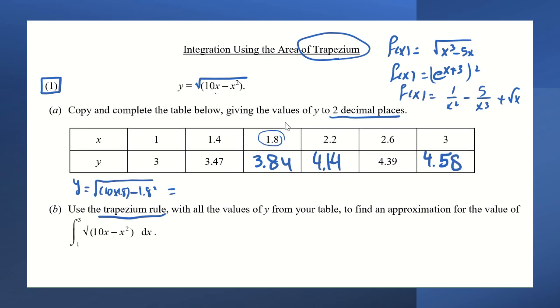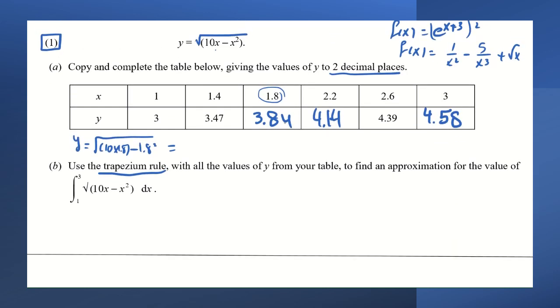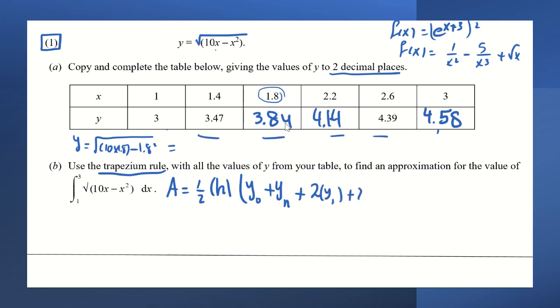After I figure out the values, I need to apply the trapezium rule. What is the trapezium rule? The trapezium rule says that the area is equal to half h multiplied by y0 plus yn, which is the last value, plus twice the values in between: twice y1 plus twice y2 plus twice y3 plus twice, up to yn minus 1.